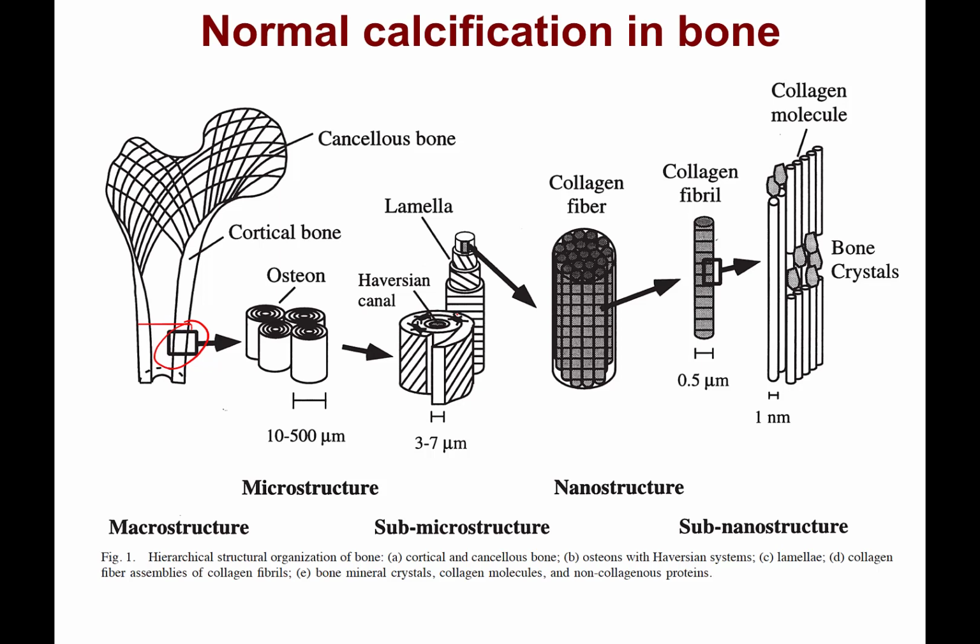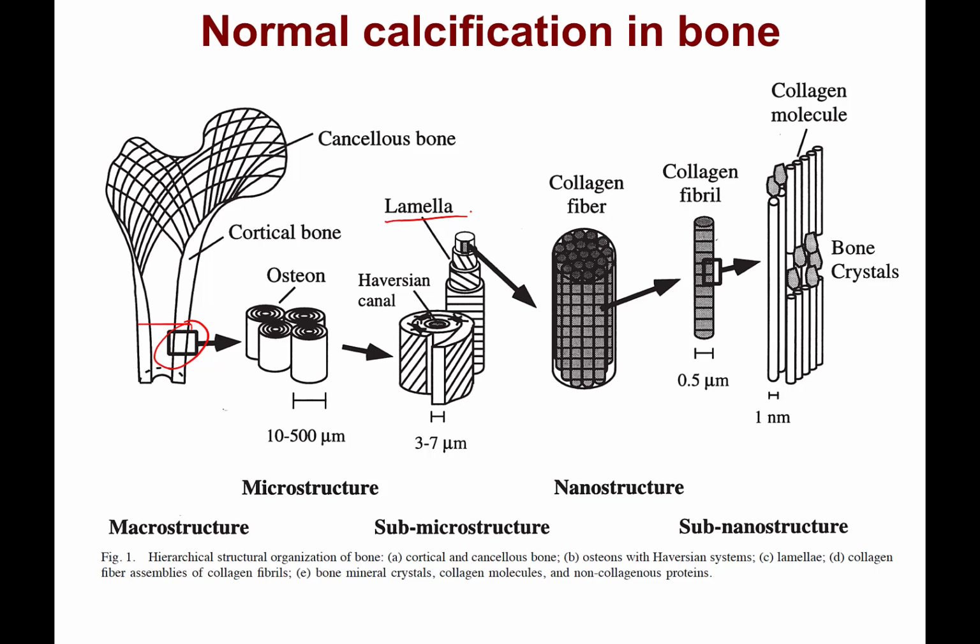And the concentric circles around it are referred to as lamella, and in each lamella there are aligned collagen fibers. So that's what these lines signify. And that orientation of the collagen fibers changes in each lamella. And that's important because that's what gives bone its really good mechanical properties.